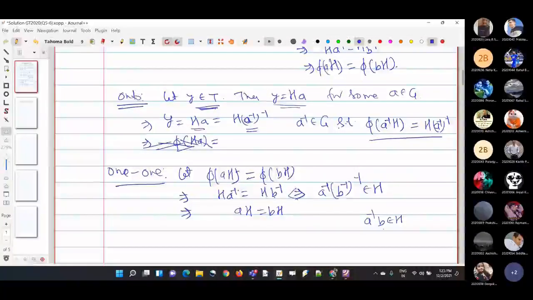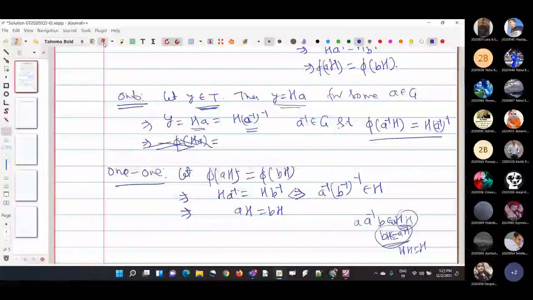So this belongs to H. So you just need to keep it here, and then multiply on both sides from the left side. H times H is equal to H. This is going to be H only. H equals H. Like this you will be getting.